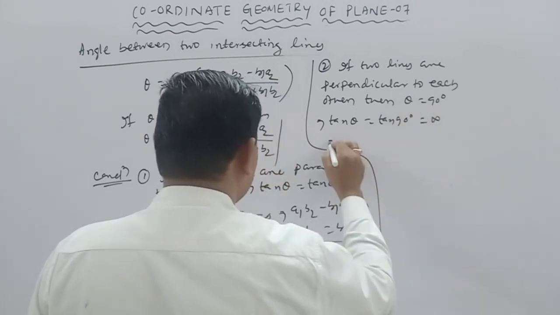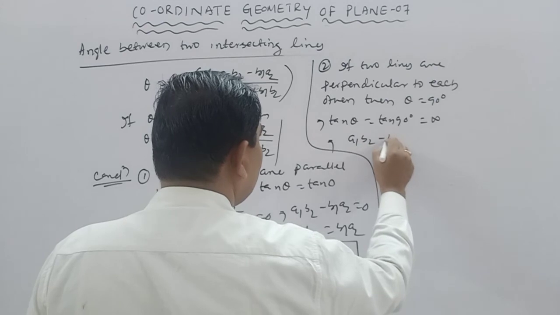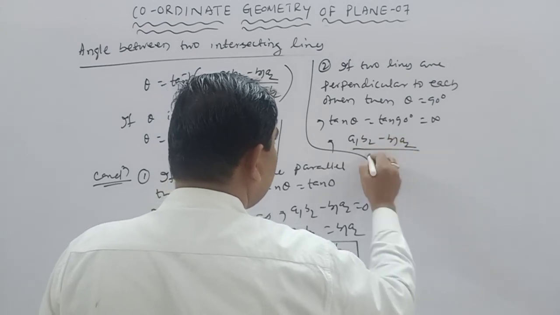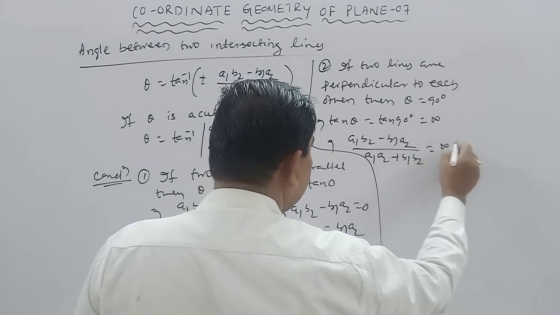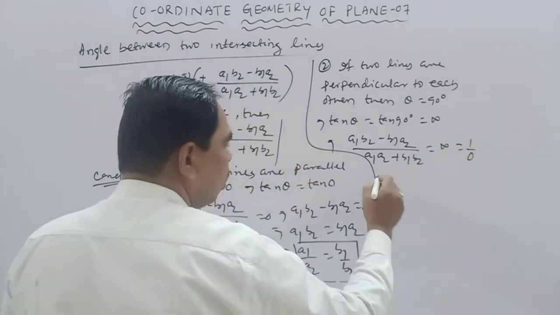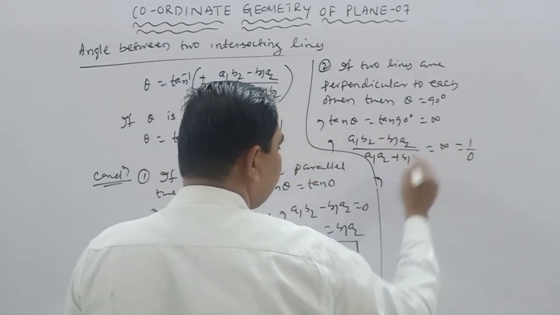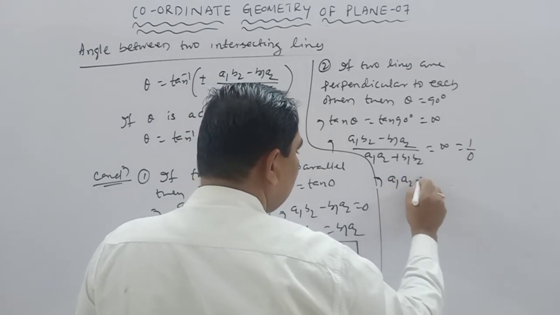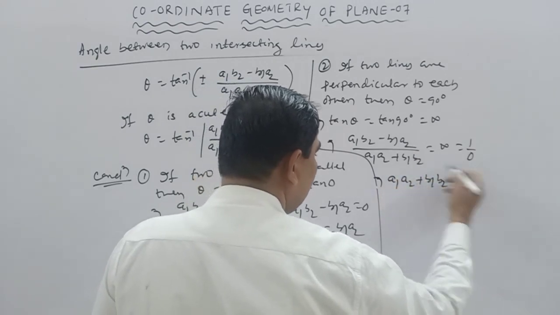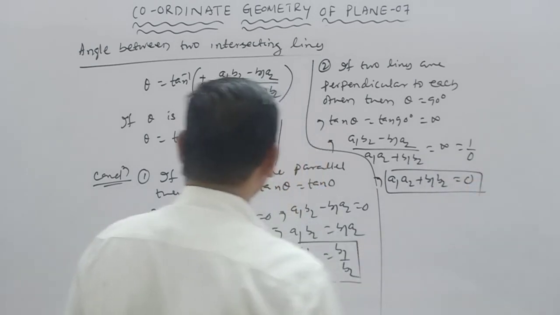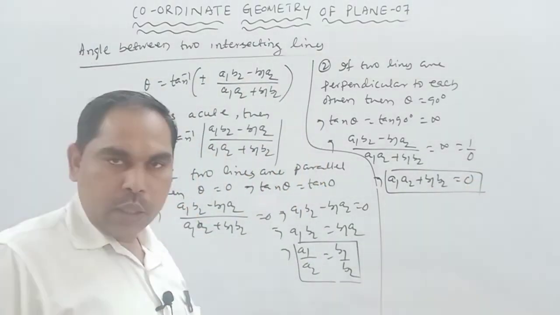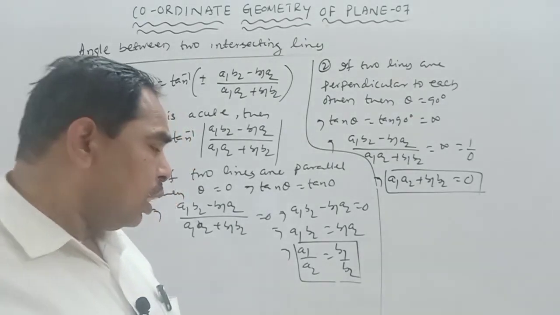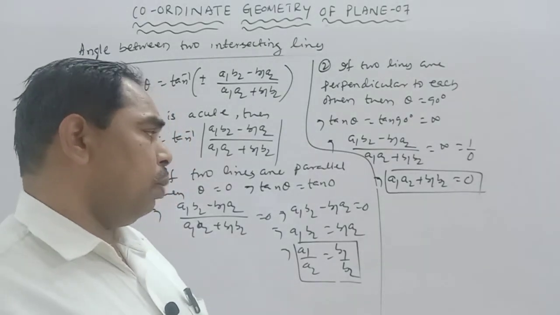So (a1 b2 minus b1 a2) divided by (a1 a2 plus b1 b2) is equal to infinite. Infinite means 1 by 0. So cross multiplying, a1 a2 plus b1 b2 is equal to 0. If two lines are perpendicular, then a1 into a2 plus b1 into b2 is equal to 0.